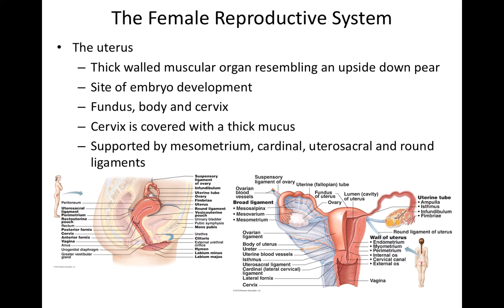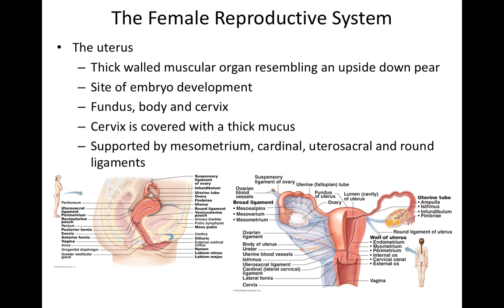And if you think back to what ligaments are, we know that they can stretch, but they don't recoil. So there's no elastin in ligaments. It's all collagen. So collagen can stretch, but it can't recoil. And so it's like stretching out a rubber band, but stretching it to the point where it can no longer recoil back into its original shape.